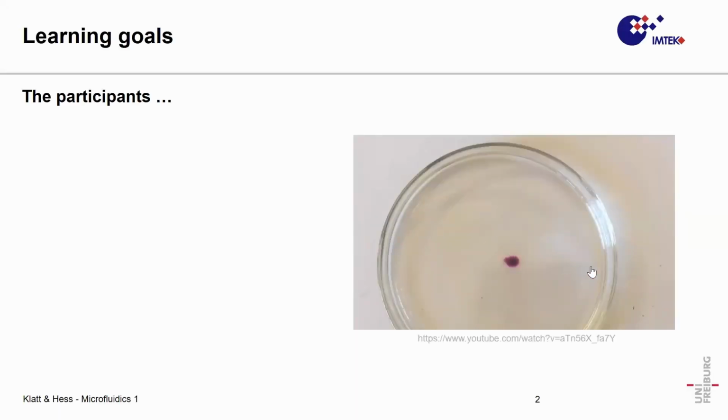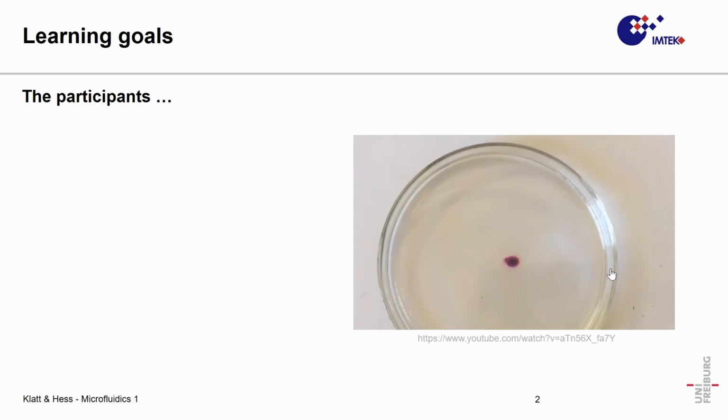To understand what diffusion is, we better start with an example. On the right-hand side, you can see a Petri dish, and inside the Petri dish, there's some liquid. The purplish point in the center of the Petri dish is a crystal that slowly starts to dissolve within the liquid.